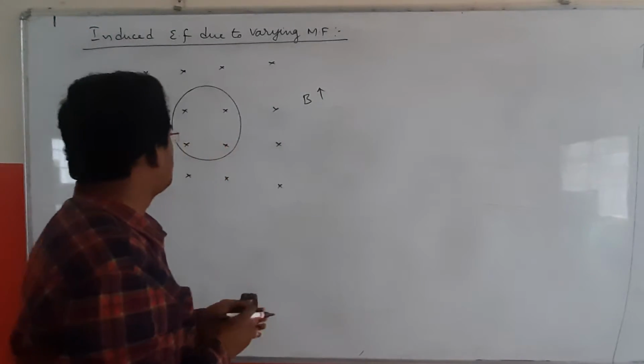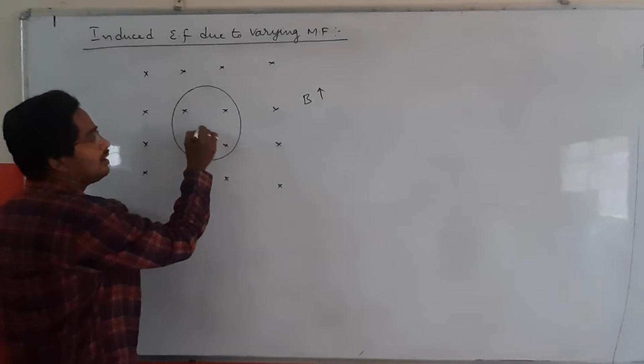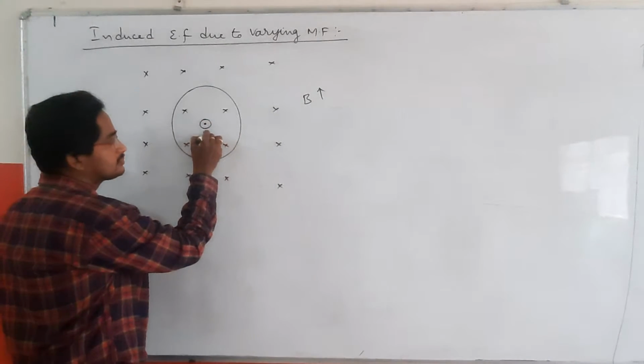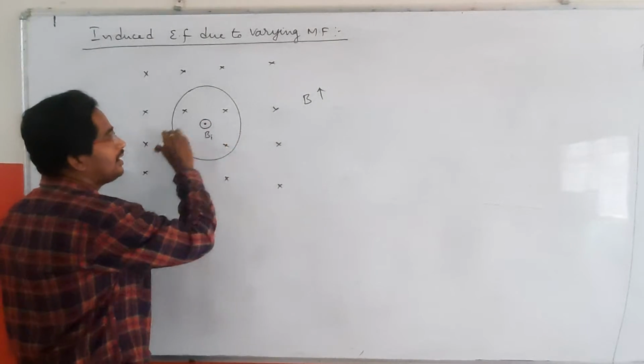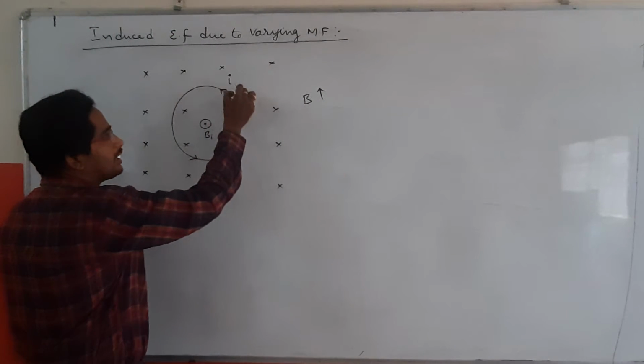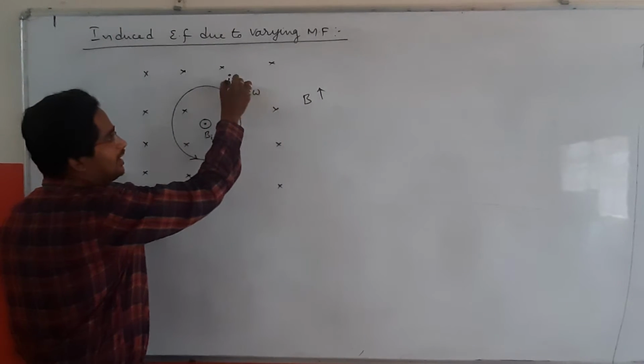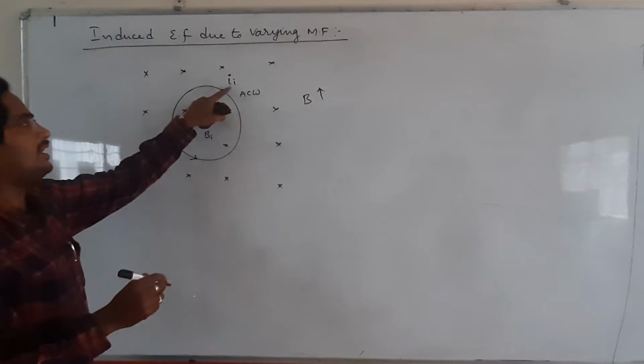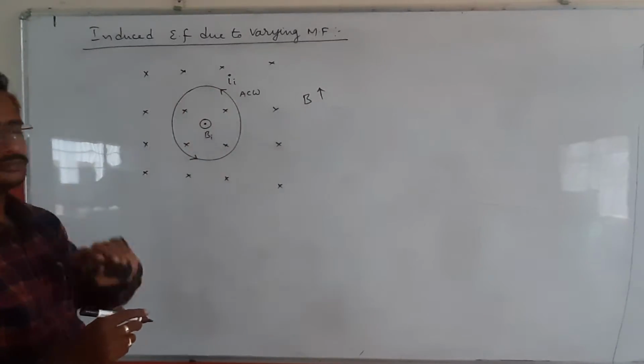So for that, B is induced in the outward direction here, such that current flows in the anti-clockwise direction. This is called induced current.